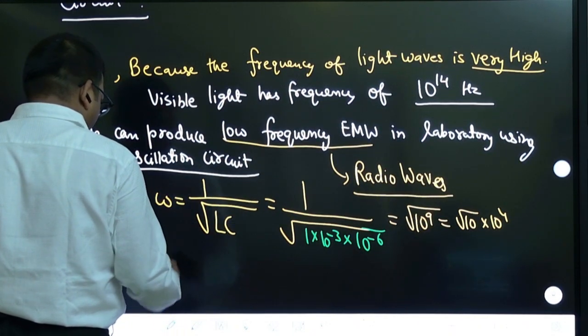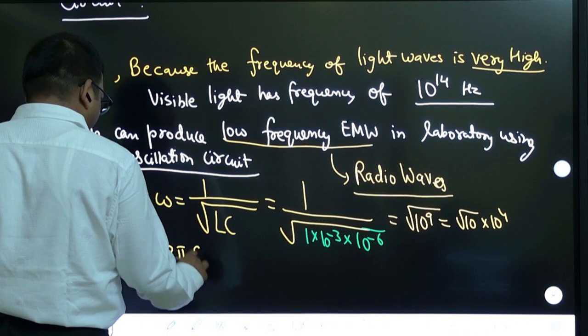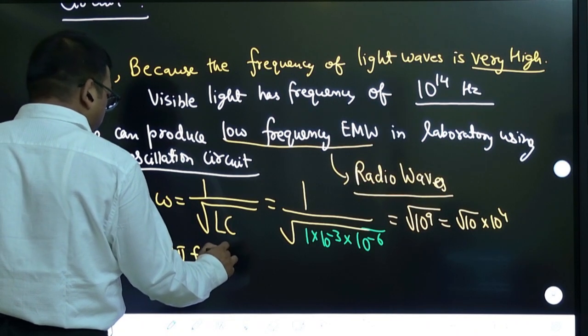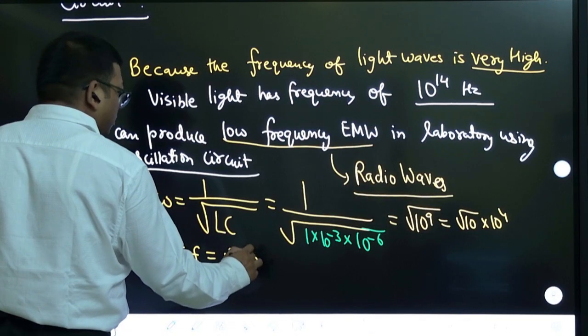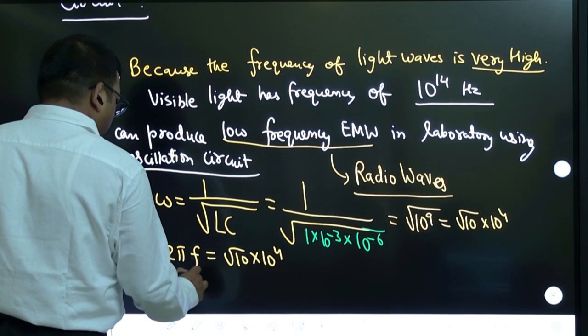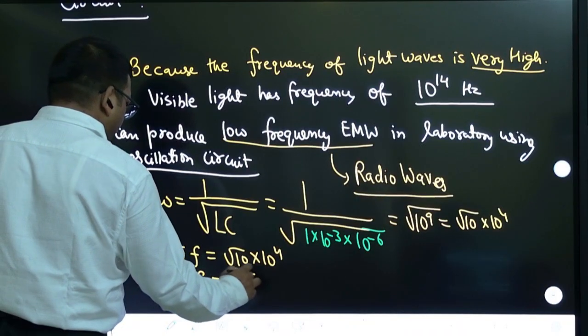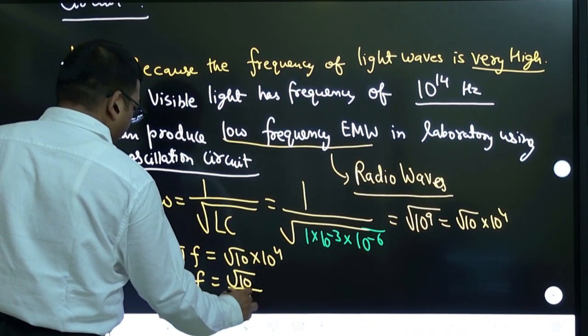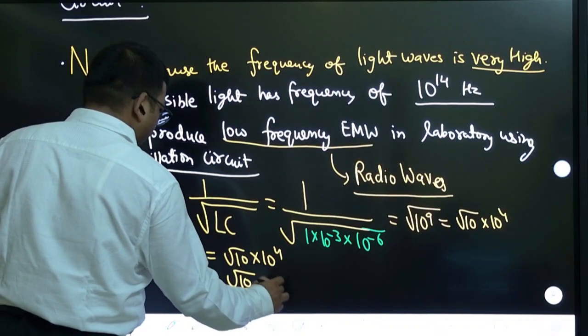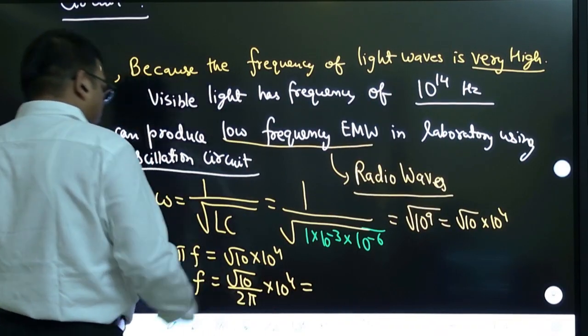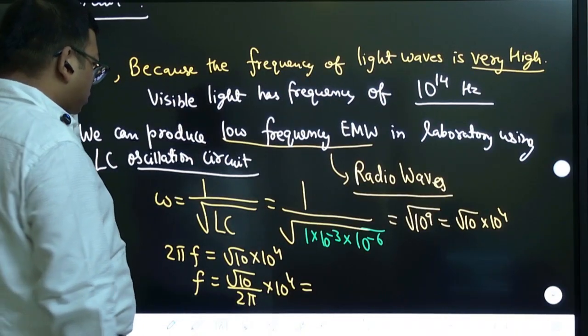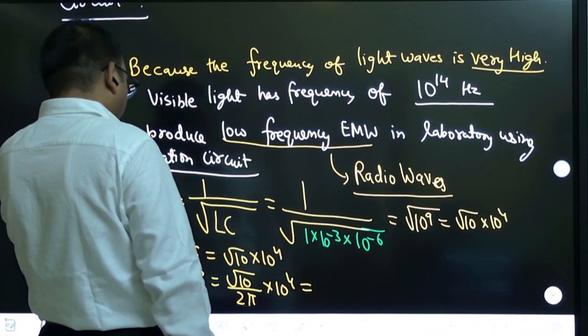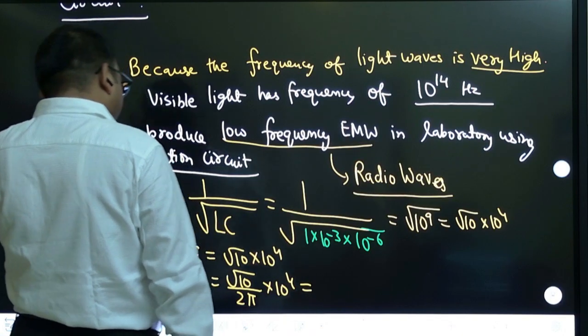So if I write omega is 2 pi into frequency, then root 10 into 10 to the power 4. Then this frequency will become root 10 by 2 pi into 10 to the power 4. Root under 10 is how much? Nearly it is pi only.